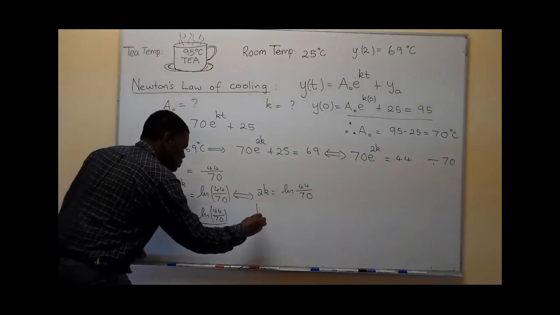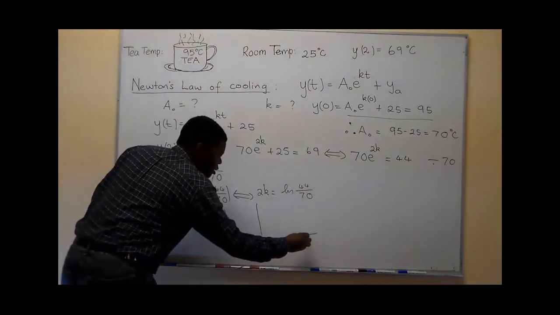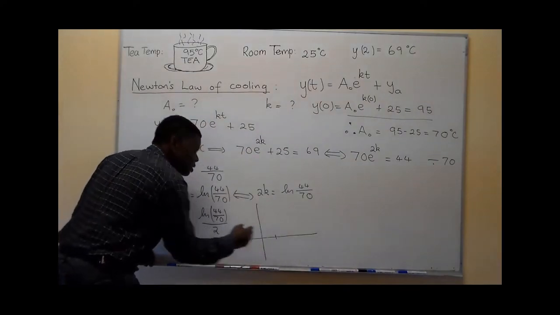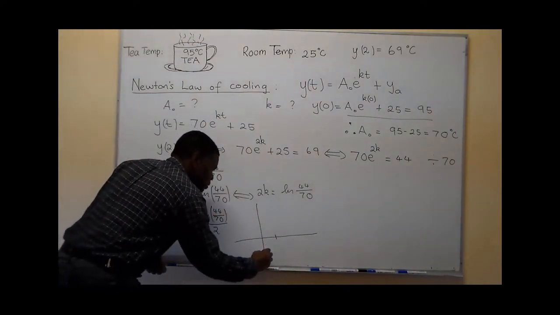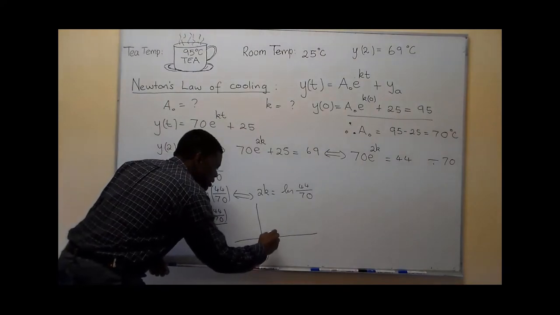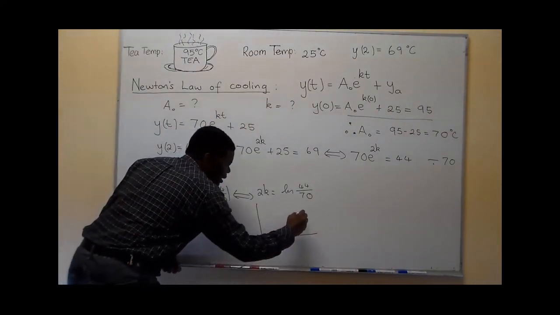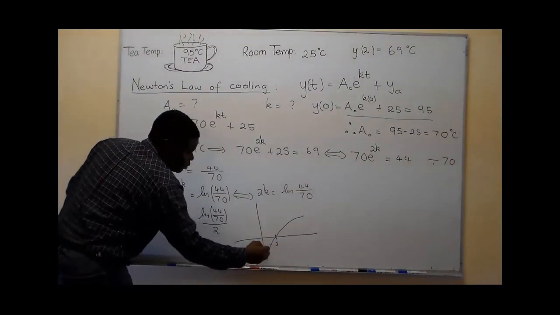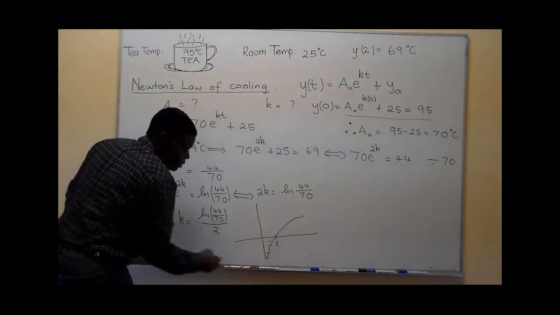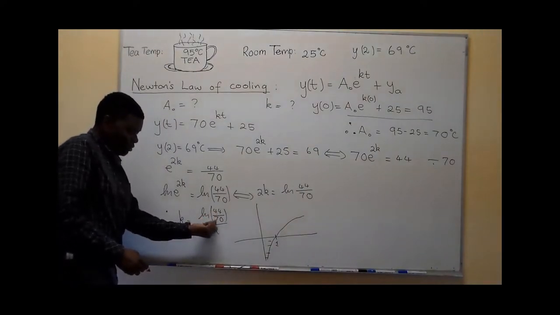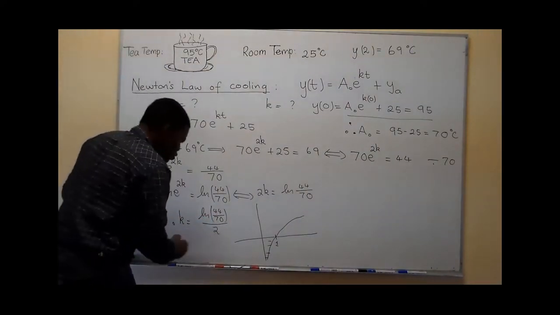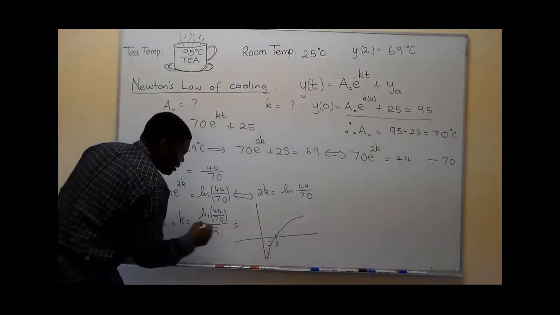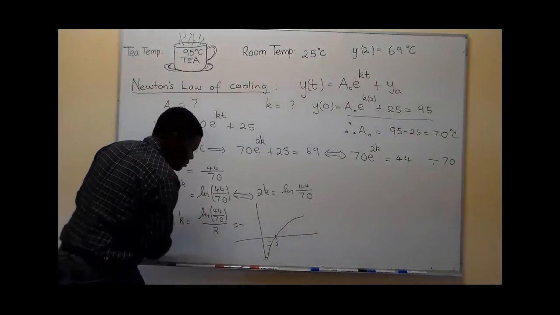Remember, the graph of a ln function, or any logarithm function, is of this shape. It has a 0 at 1, and it grows rapidly before 1, then gently after 1. So before 1, the values of ln are less than 0, and clearly 44 over 70 is less than 1. So we can simplify this to some decimal number, which is negative.